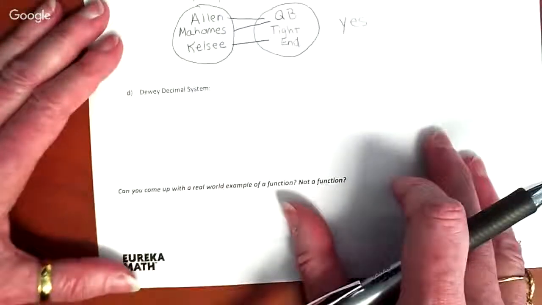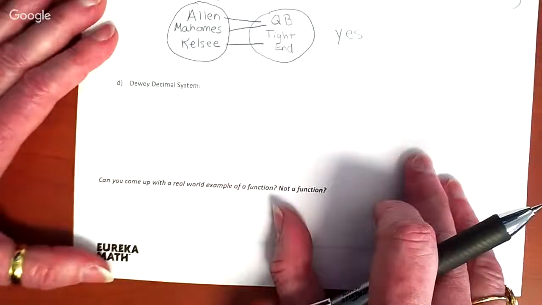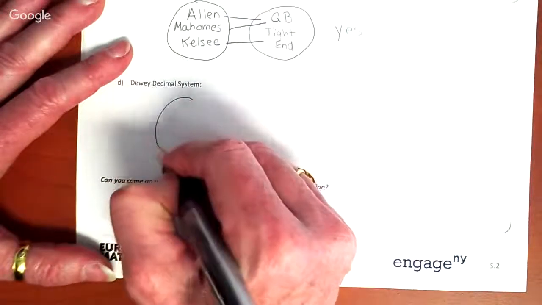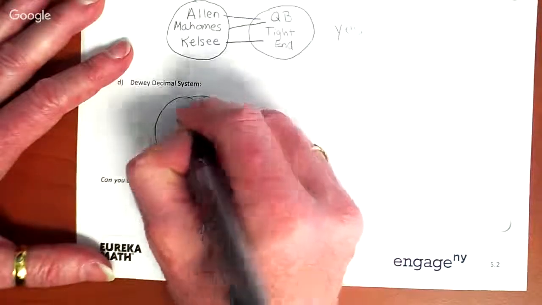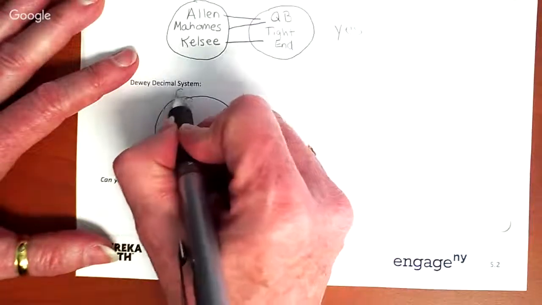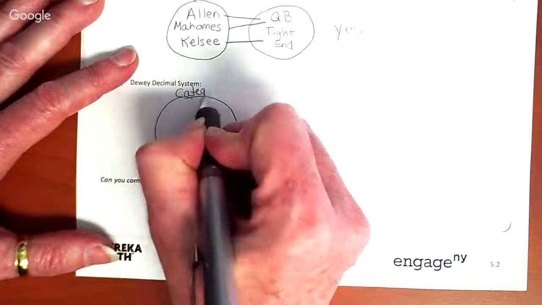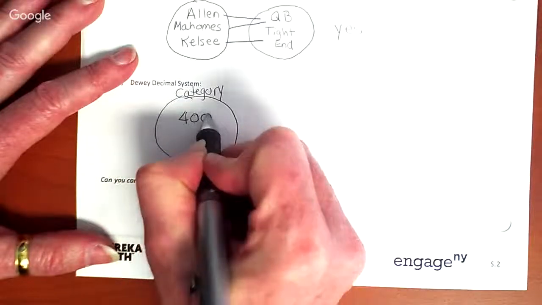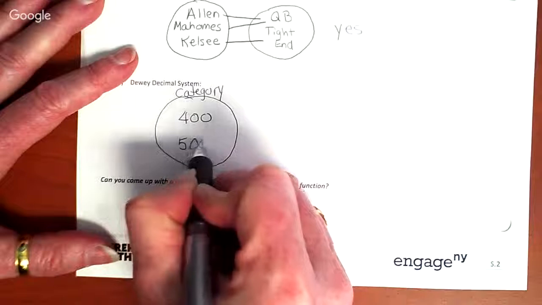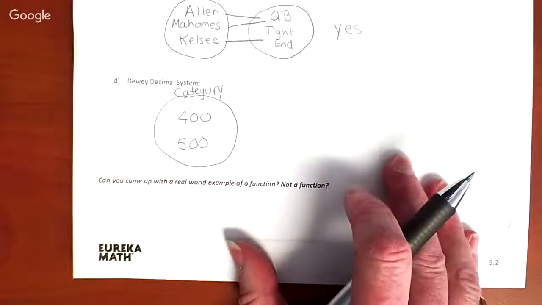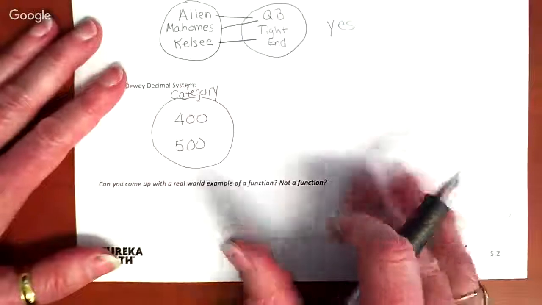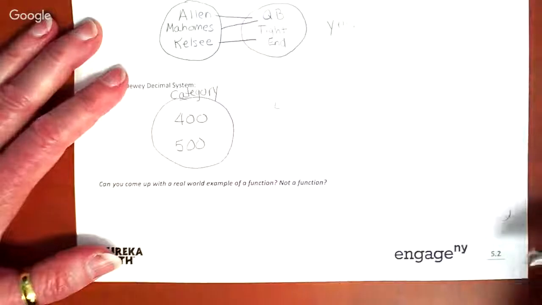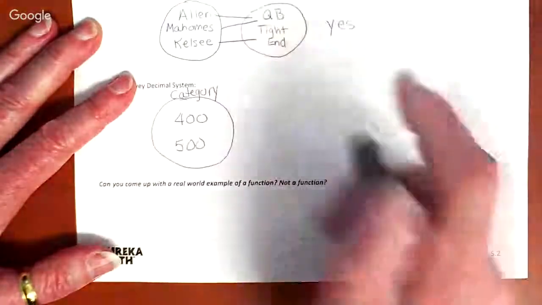The Dewey Decimal System. Now, I know a lot of you guys don't know what that is, okay? But a Dewey Decimal System consists of different categories. So here we have a category. We have one category here, which is 400 and 500. We have another category, and I'm going to write it first because it's long. So let me restart this here.